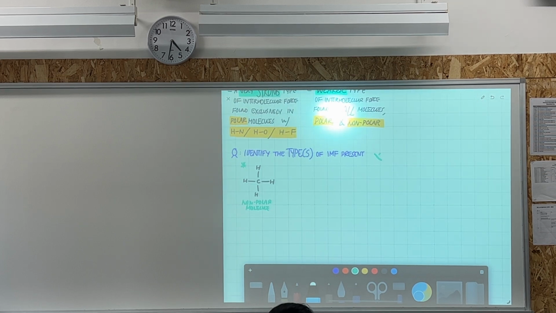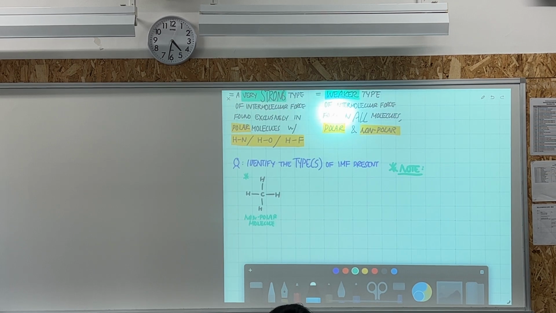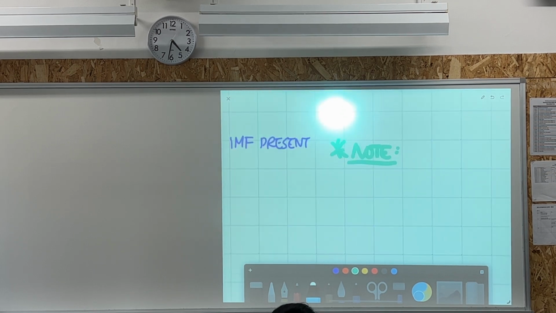You should write it down as well. All hydrocarbons, meaning compounds made of C and H only, must be non-polar. So all, no exceptions. So all hydrocarbons, e.g. C6H6, CH4, or anything, must be non-polar.